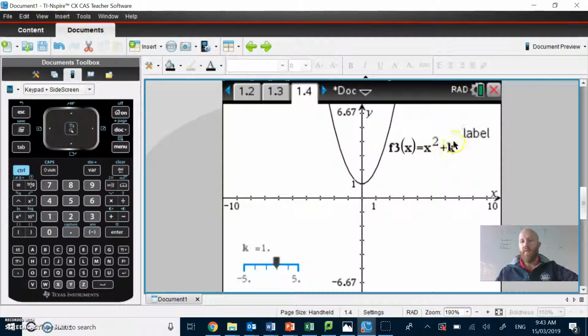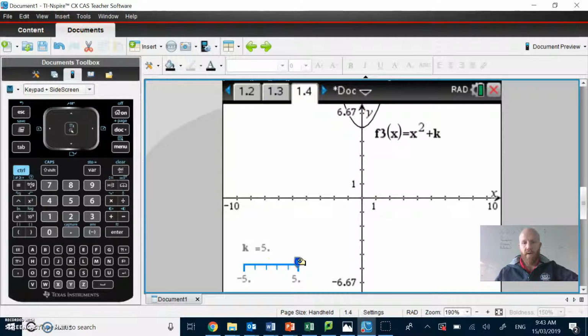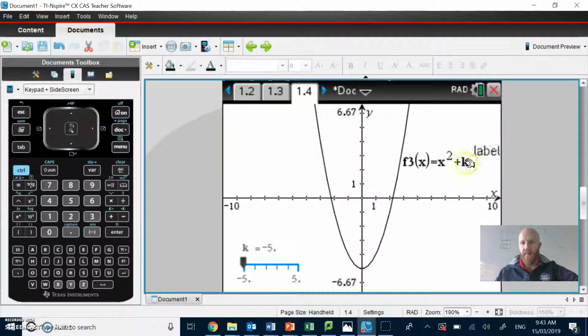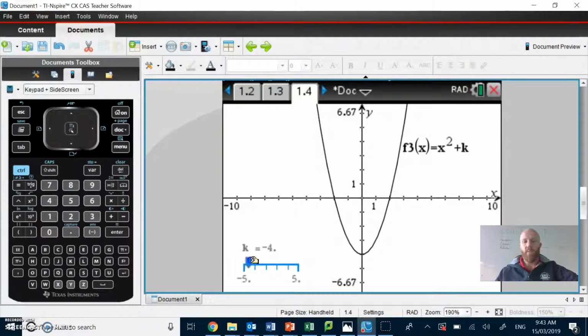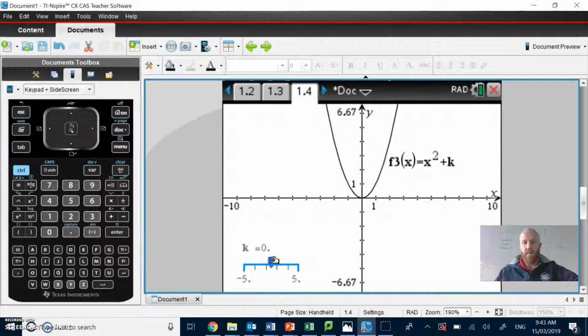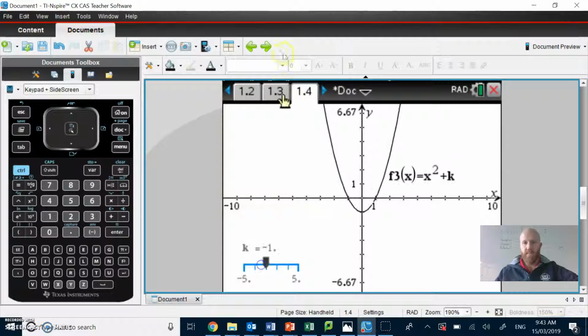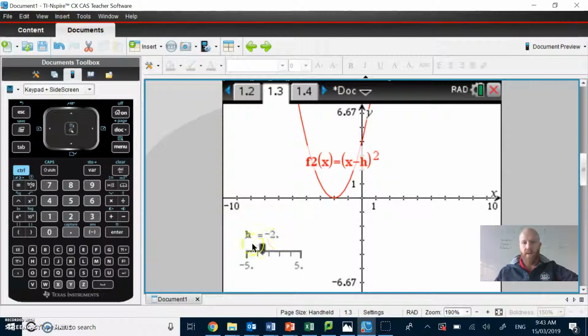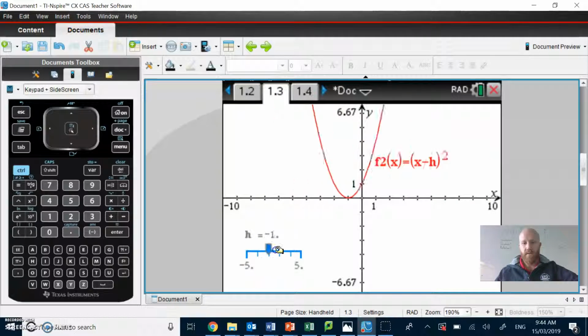So it's not the opposite. Whatever we add, it goes in that direction. We add 5, it goes up 5. We set it to take 5 on the end, it goes down 5. So a little more intuitive there. So we've got vertical translations and horizontal translations.